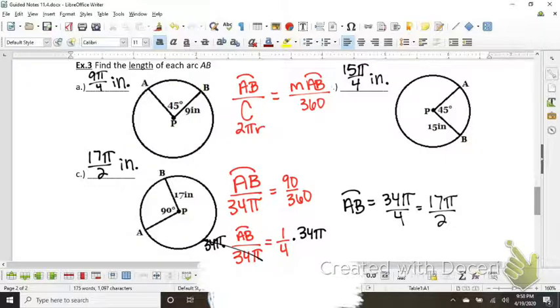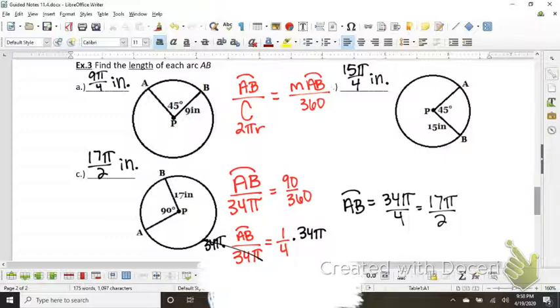I showed my work over here. Okay, so arc length over the circumference, so 2 pi r, or 2 pi times 17 gave me 34 pi, equals the measure of the arc, which you find from that central angle. Okay, so 90 degrees over 360. 90 is 1/4 of 360.